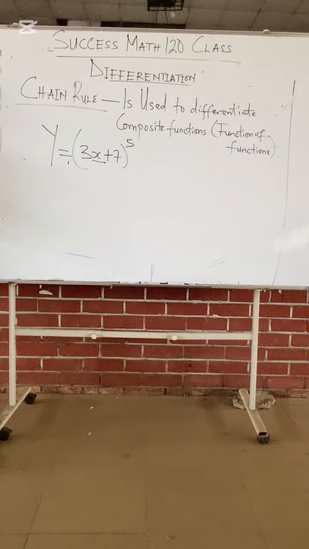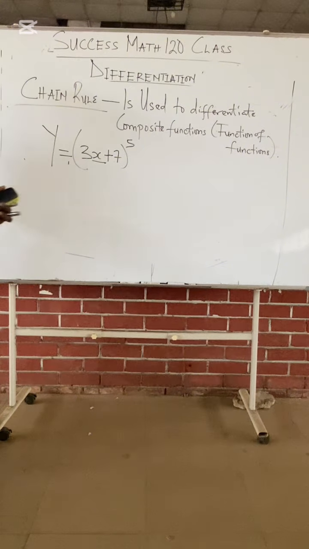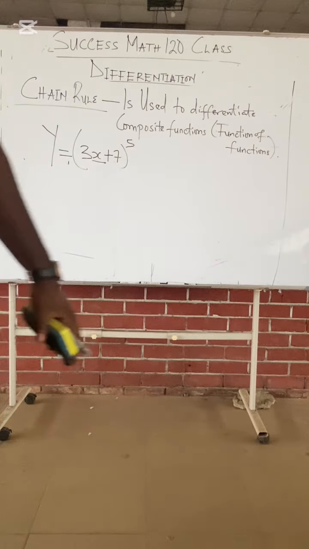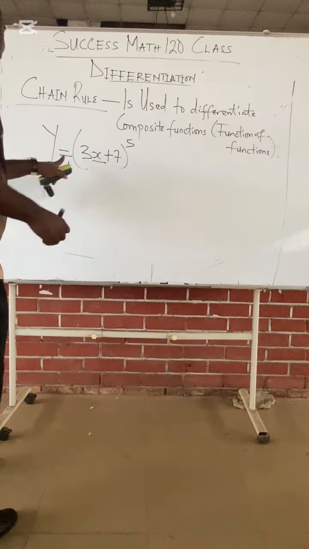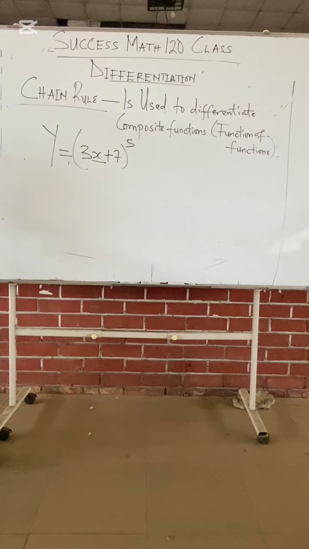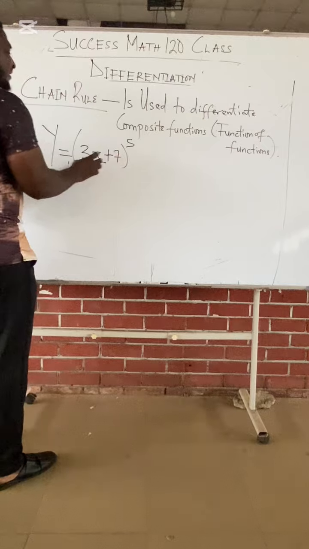Class, the question is y equals 3x plus 7 raised to power 5. You cannot differentiate this until you simplify the expression.